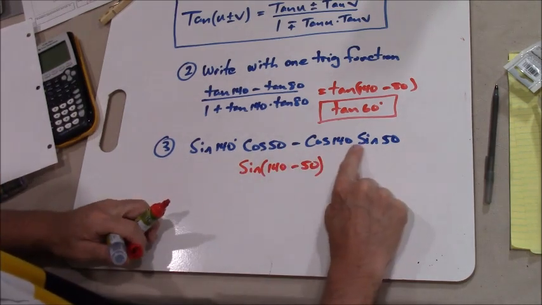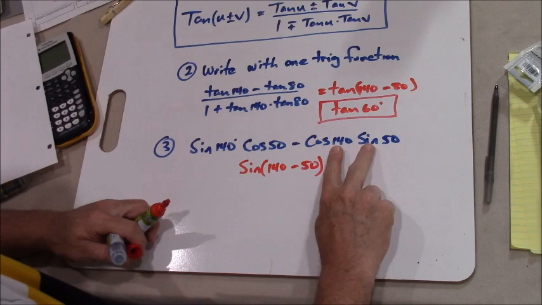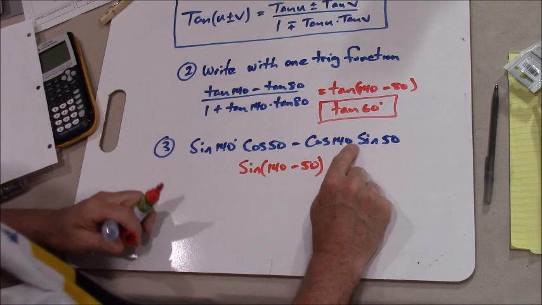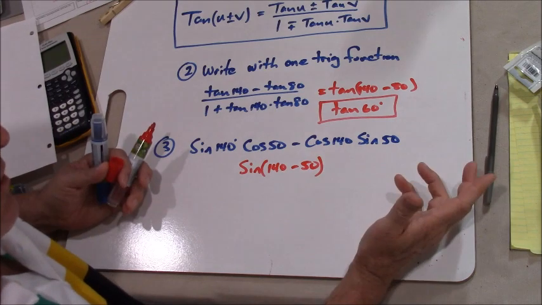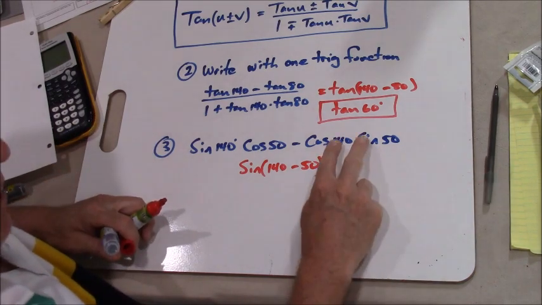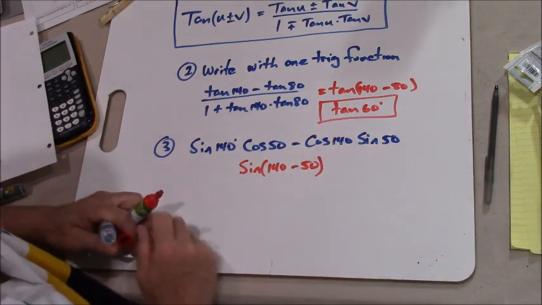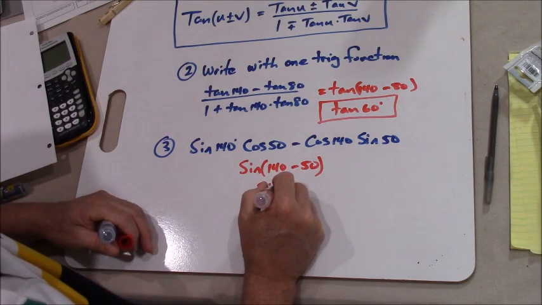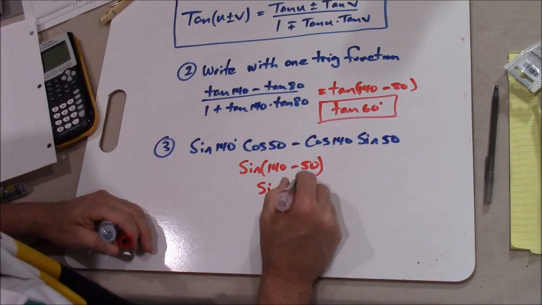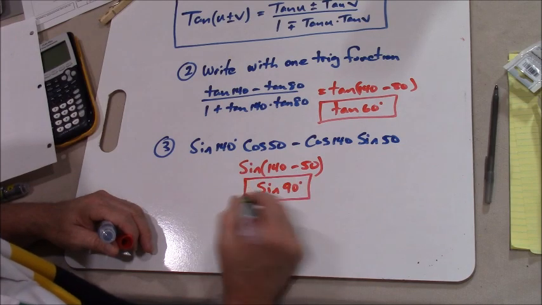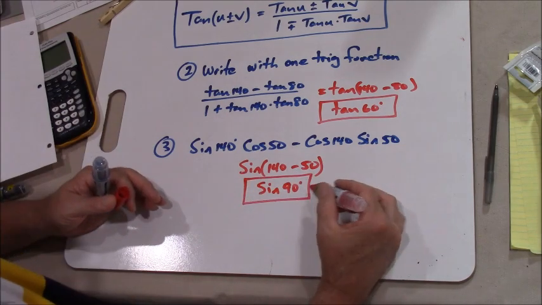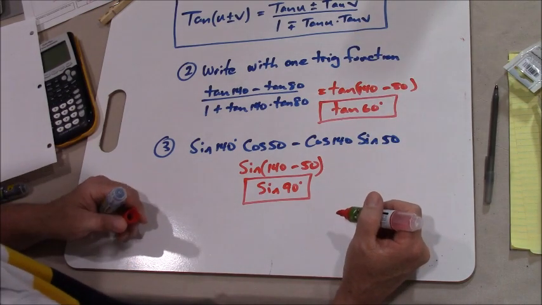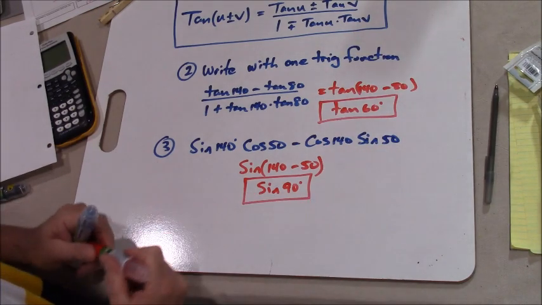This part looks kind of backwards. From what we did yesterday, I would have had those two things flipped around. But because we're multiplying, that's okay. You can write it this way. If you want to rewrite it and put the sine of 50 first, that's okay. And so now this is just going to be the sine of 90 degrees. I don't have to figure out what it's equal to. Just write it as one trig function.